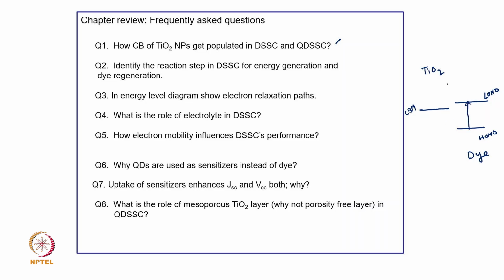So, when light falls, the charge carriers are generated, the electron goes here and then comes to the conduction band edge of TiO2. So, this is the way the injection is taking place and the conduction band of TiO2 is getting populated with electrons.